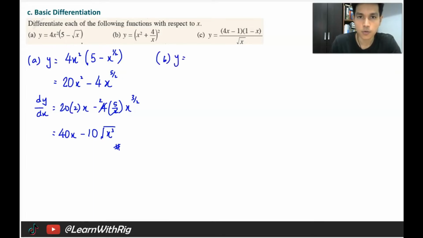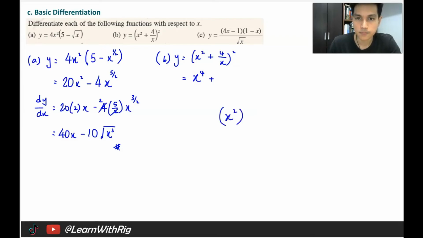So question B, same thing. Like I said, we are going to expand it first. So you get x square, and you're going to square it again, you get x power 4. This is actually the same as this. So here you multiply. You get x power 4, and then plus, the middle number is what?